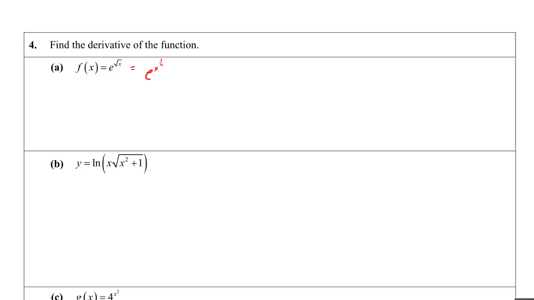When I do the derivative, it's still e to the something. There's your something, so it returns e to the x to the 1/2. Then I have to multiply by the derivative of x to the 1/2, which is 1/2 x to the minus 1/2. So I could write this as 1/2 x to the minus 1/2 e to the x to the 1/2.